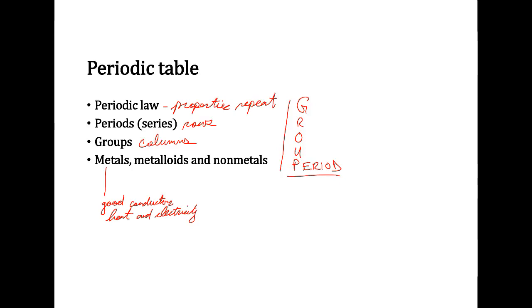And then for nonmetals, they tend to be poor conductors. And we'll see how these are arranged on the periodic table in just a minute. So then metalloids, they kind of are intermediate between those of metals and nonmetals. So they have properties that aren't quite metallic in nature, but not quite nonmetals either.